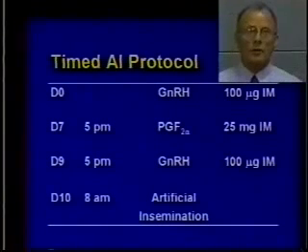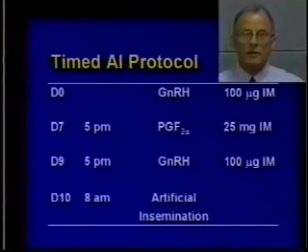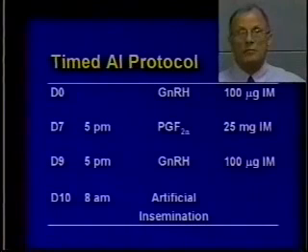We give that a couple of days for a dominant follicle to come up ready to ovulate, and we give 2 days later a second injection of GnRH to cause the ovulation of that follicle, and 16 hours later we inseminate. You should remember that the interval between the LH peak and ovulation in the cow is 24 to 30 hours.